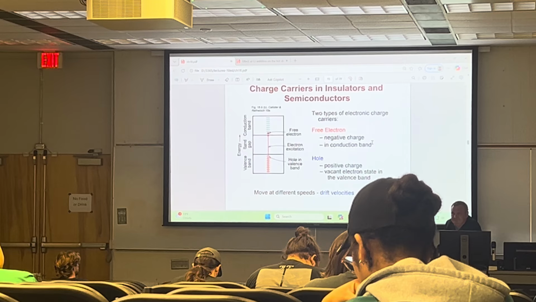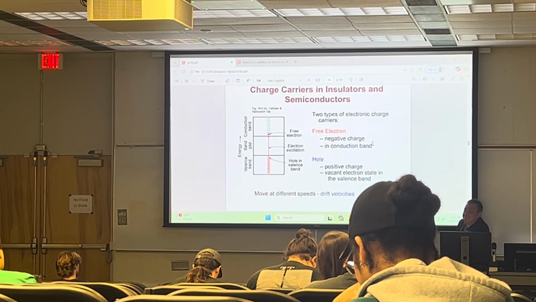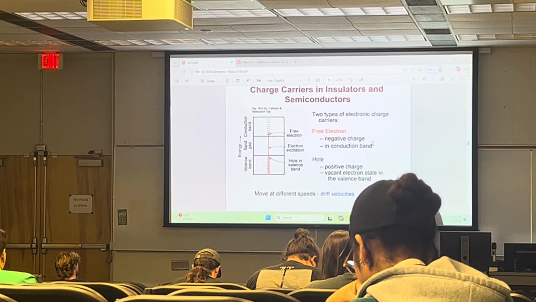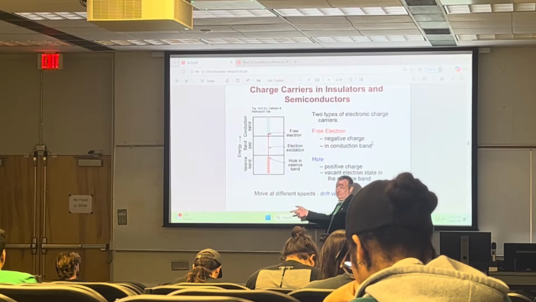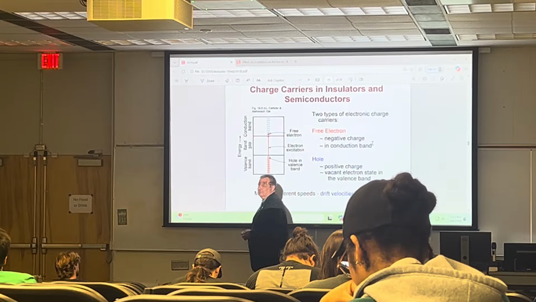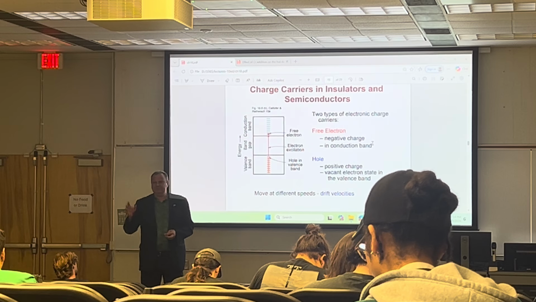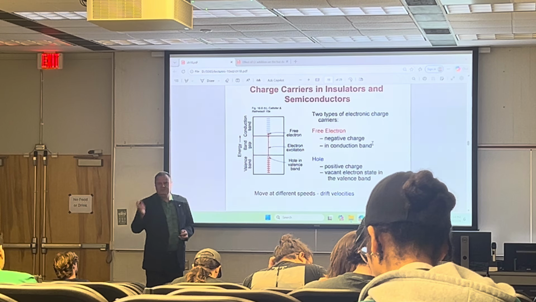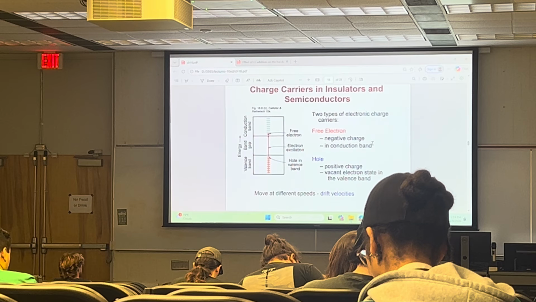Now, one thing that is a little bit tricky is that the electrons and the holes move at different velocities. So we call it drift velocity. Don't ask me why, I'm not going to talk about quantum physics and all that. Just take it as a fact that the drift velocities are different for the hole versus an electron.